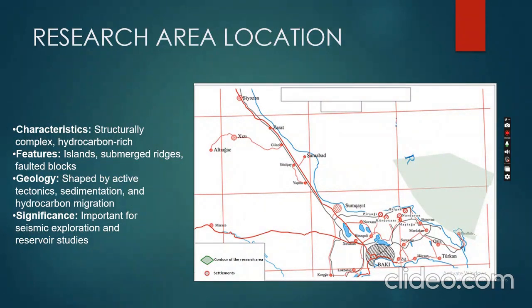First of all, I would like to talk about the research area where my research is focused. My research area is called North Absheron region, and it is located in the northeast of Baku, which is the capital of Azerbaijan.